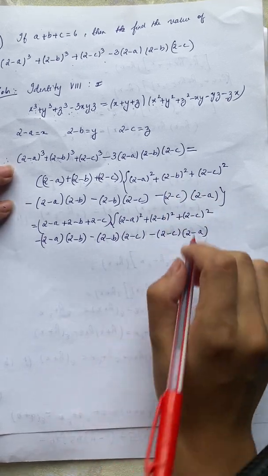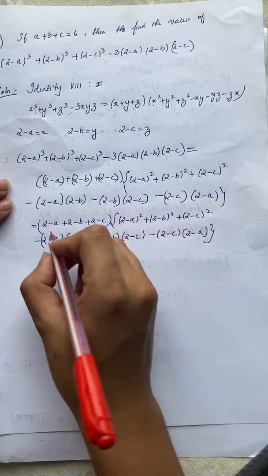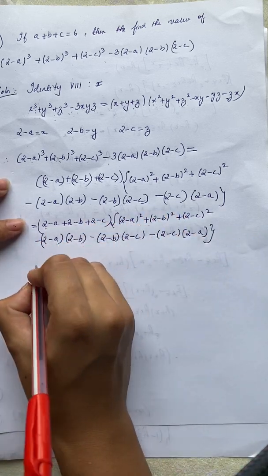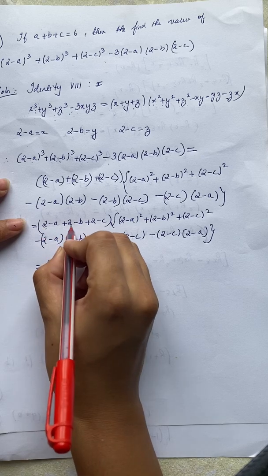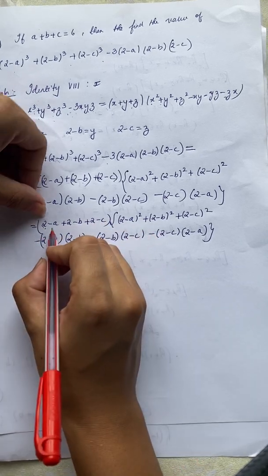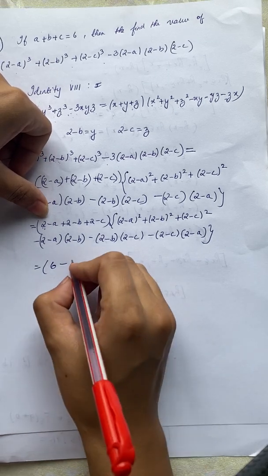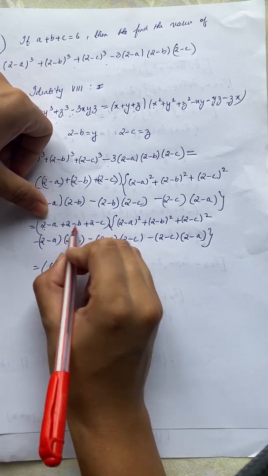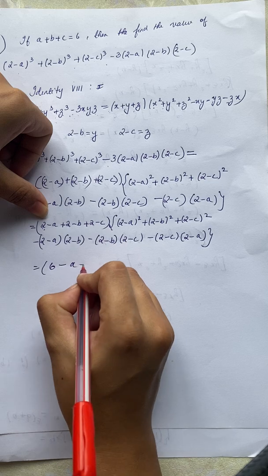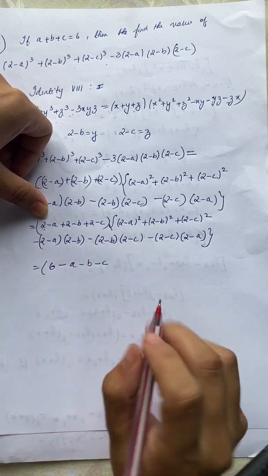Clear? Now let's see what we can do. 2 plus 2 plus 2, how much? 6. Minus 2 plus 2 plus 2. So we're left with minus a minus b minus c, right?